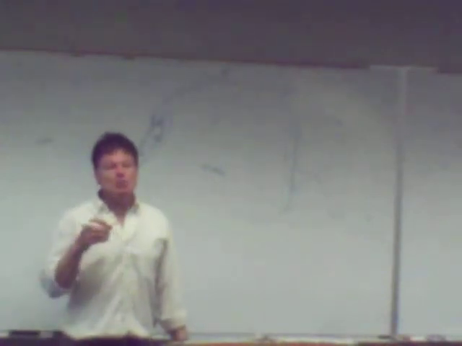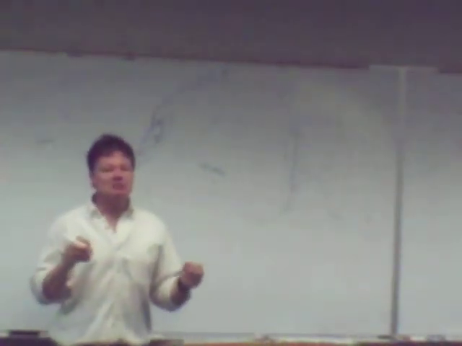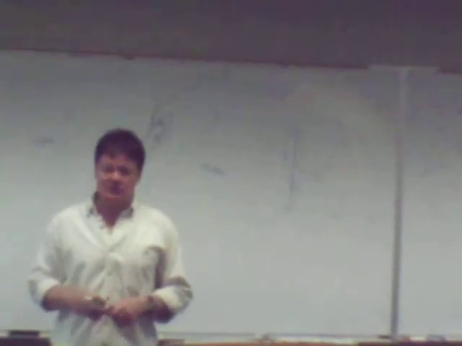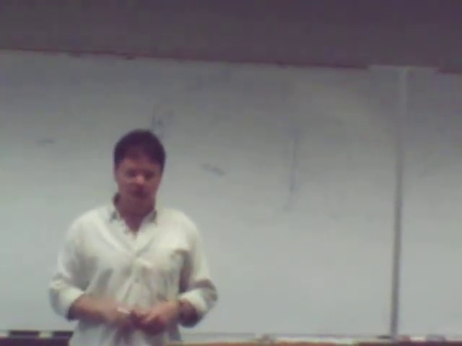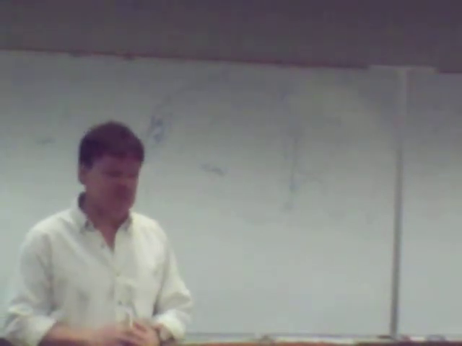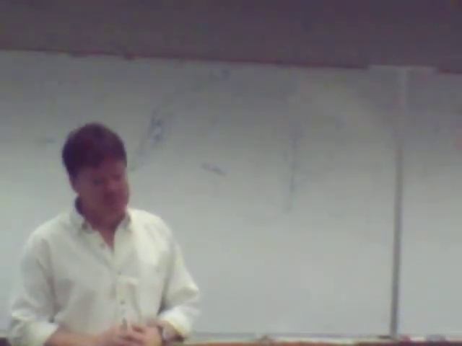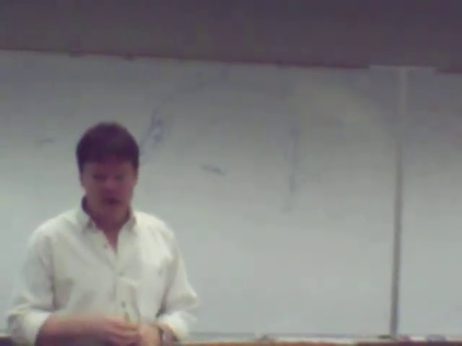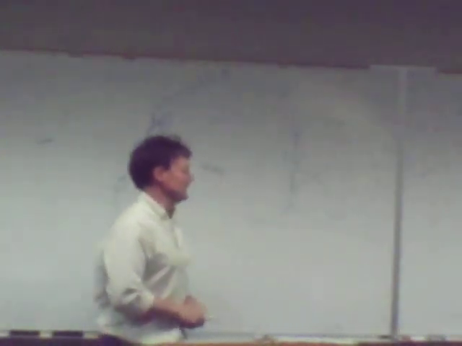Every time you stretch a muscle, the muscle reflexively contracts against you. Okay? This is called the myotatic reflex. Not the inverse myotatic, the myotatic reflex. Remember, the myotatic reflex.